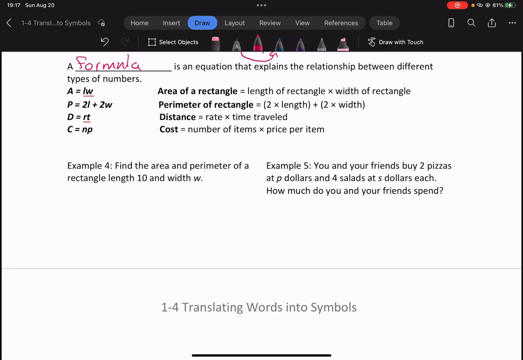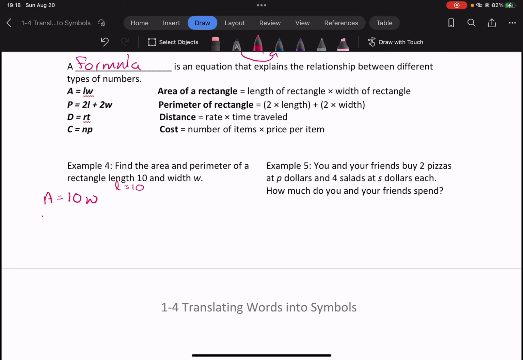It says find the area and perimeter of a rectangle of length 10 and width W. So let's go ahead. We know that L equals 10. So let's find the area first. Area equals length, which is 10, times the width, W. A equals 10W. There's our formula.